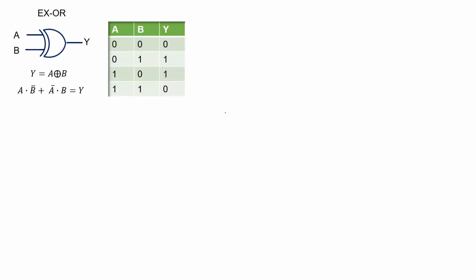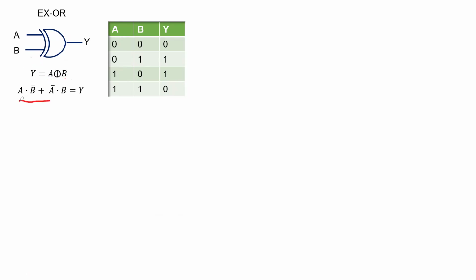Now, you see how we can implement two input XOR logic. So here is the logic symbol of XOR, exclusive OR. In simplified form, output Y is said to be the exclusive OR of A and B, two inputs.